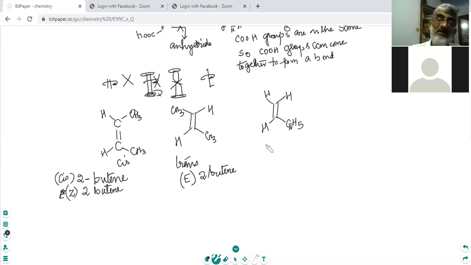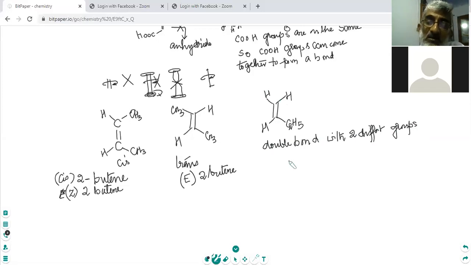A double bond with a minimum of two different groups on the two carbons.